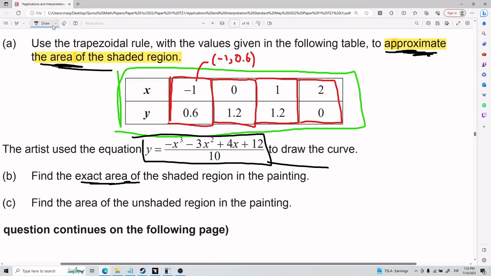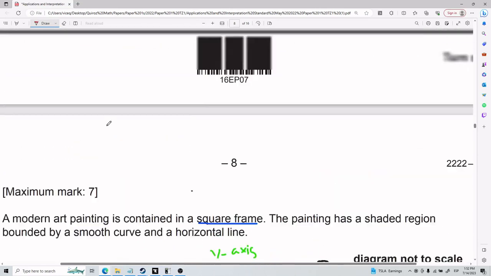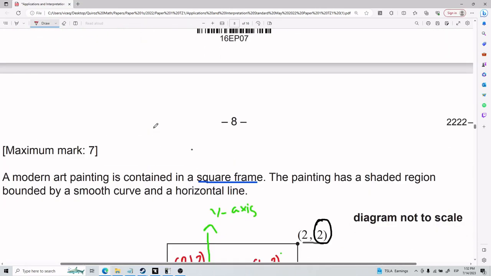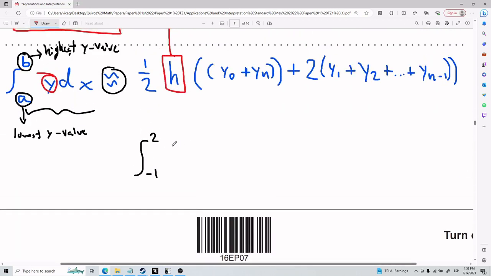And so if y, which I'm putting in red now, is this whole thing, then I'm going to plug in that y over here. Okay, so y is -x cubed minus 3x squared plus 4x plus 12 divided by 10, and the dx is going to go right next to it, see?